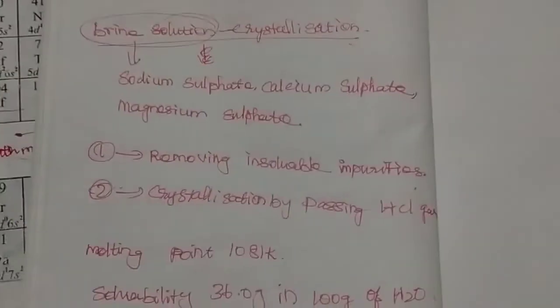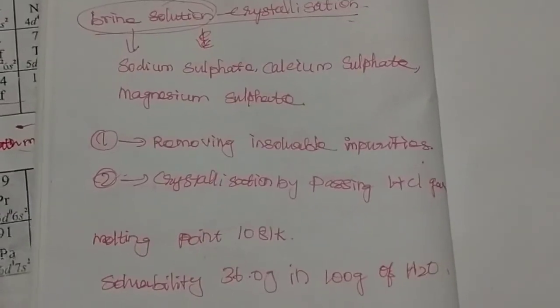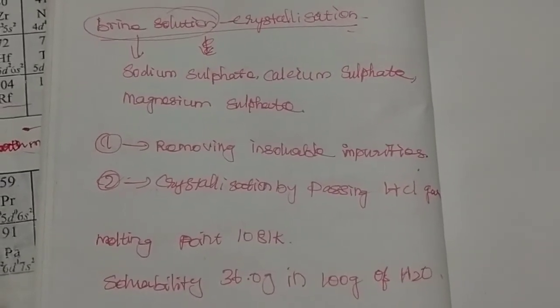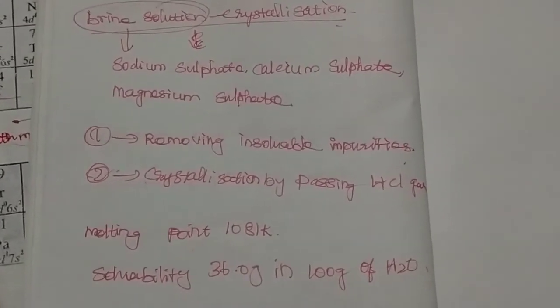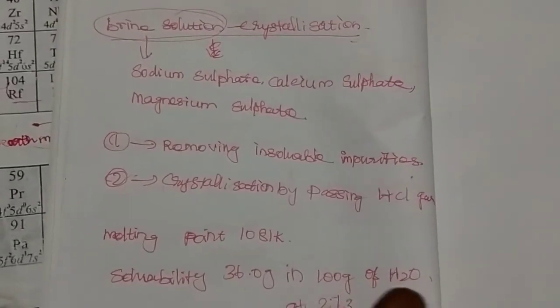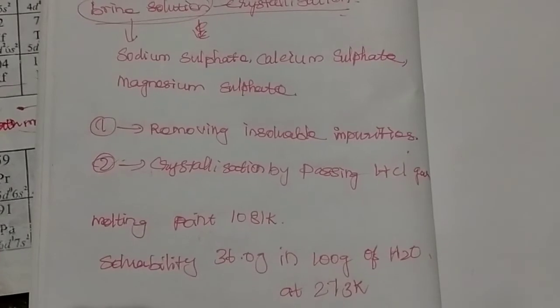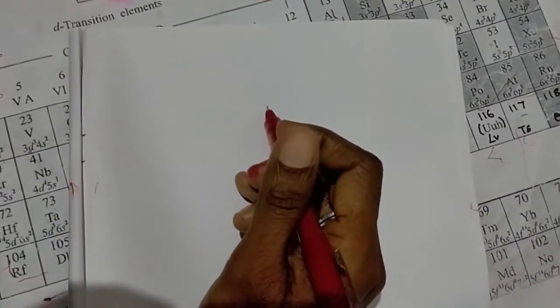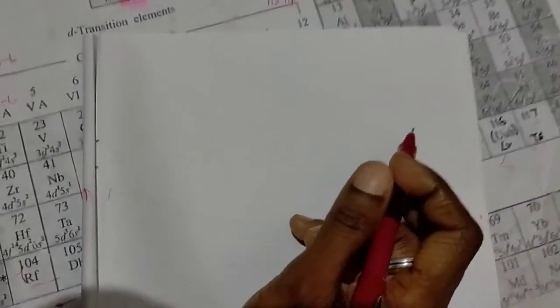So 36 gram of sodium chloride can dissolve at maximum in 100 gram of water at the temperature of 273 Kelvin. The solubility of sodium chloride does not increase much when increasing the temperature of that solution.